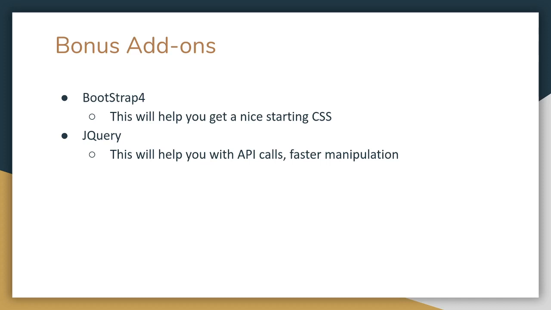jQuery, this allows you to do your API calls, and it has a lot faster manipulation. So rather than using the document dot whatever, they have their own version of doing it, which is usually using a $ sign. These are the two additions I would say don't have as much of a steep curve compared to some of the other things.